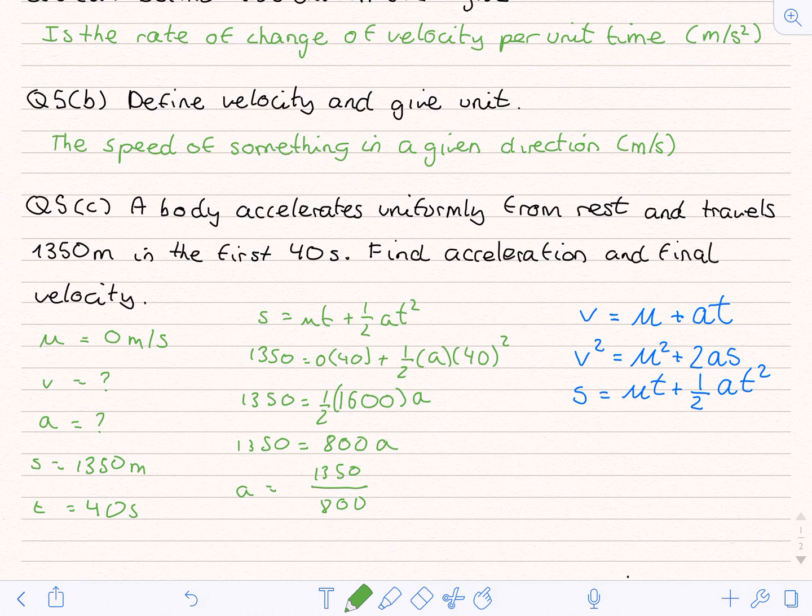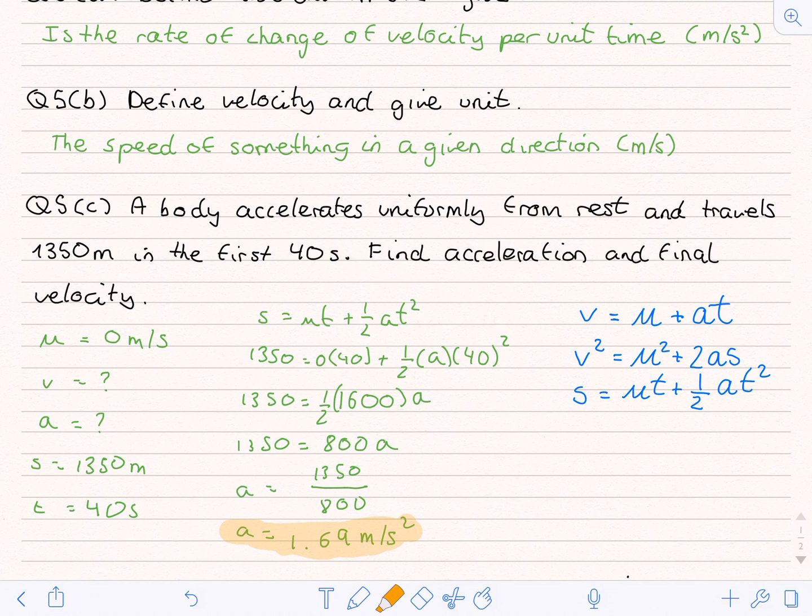So we do 1,350 divided by 800, and we know the acceleration is equal to 1.69 meters per second squared. Now we know the acceleration, which the question was asking us.